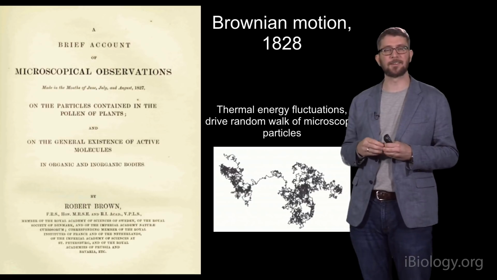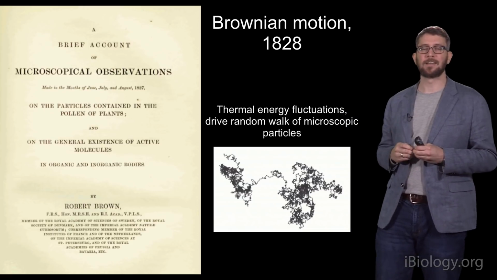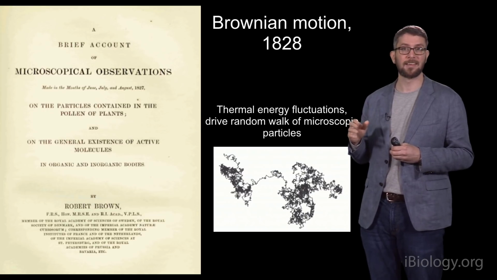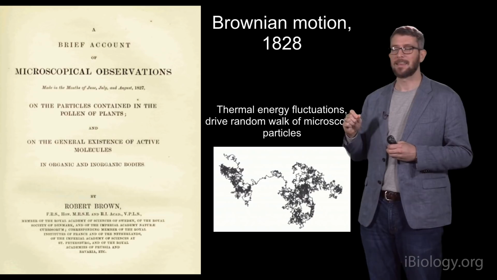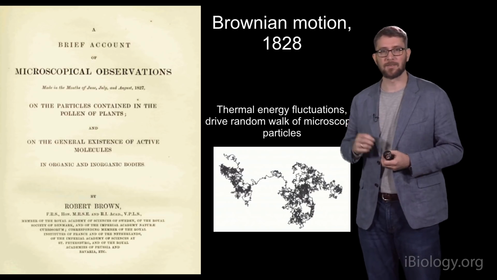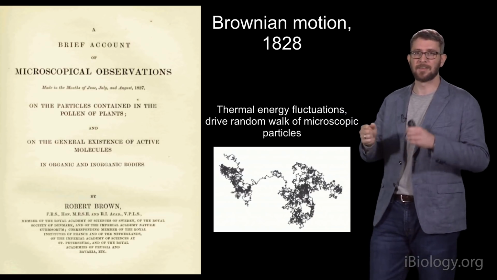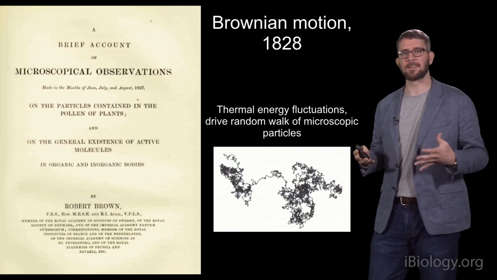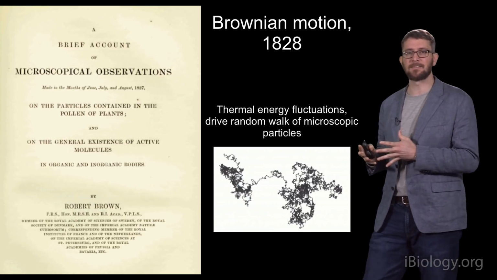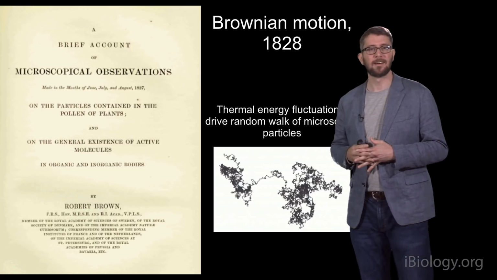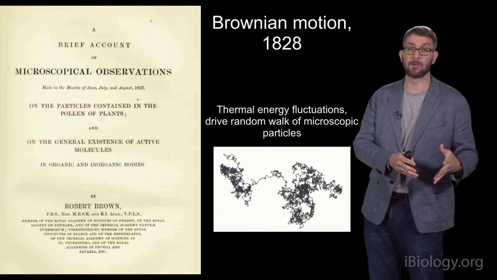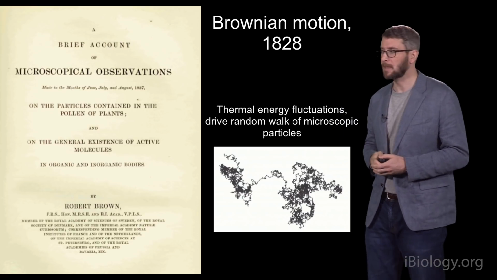One of them is he's clearly very disappointed when he discovers that the motion he sees doesn't have anything to do with life, in the sense that even ground up bits of quartz and other dead materials undergo Brownian motion. And so he was pretty upset about that. Of course, it's laughable now because we now recognize this as an absolutely fundamental concept that's important not only for non-living materials but also within the cell.